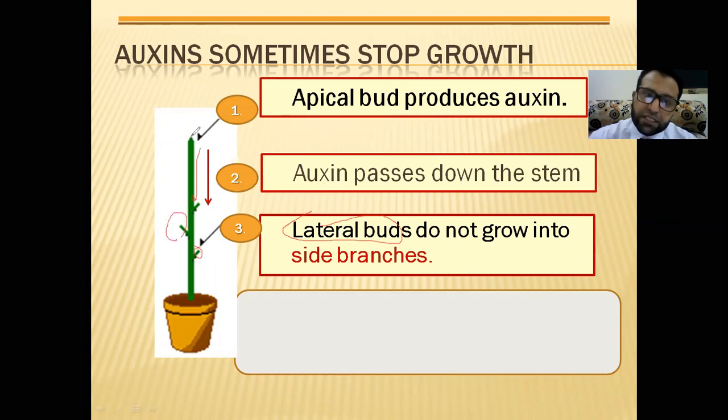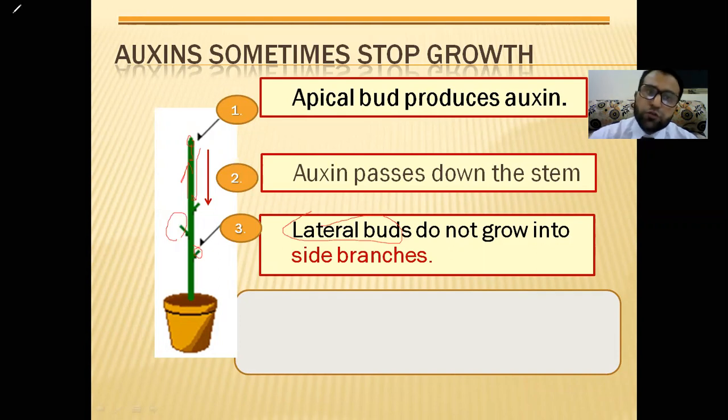So if auxin is produced at the tip and goes down, it elongates the stem, but it stops the lateral buds, and when it stops the lateral buds, the plant will be long, but there will be fewer side branches.